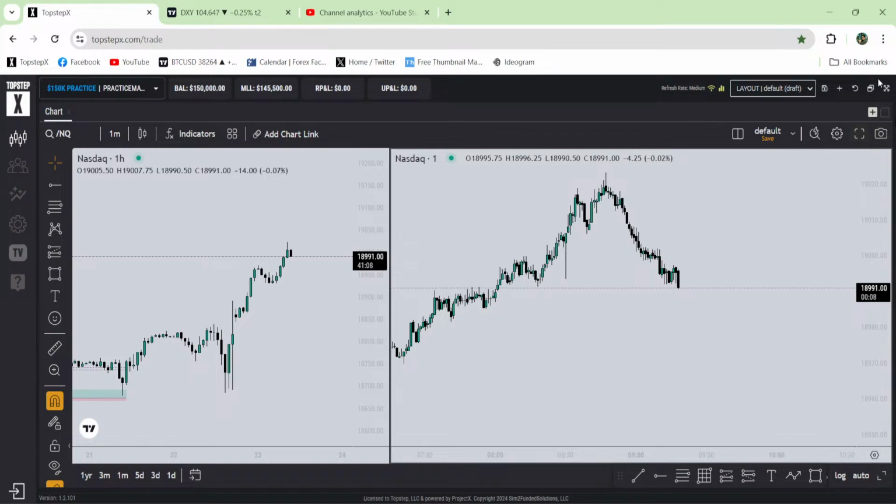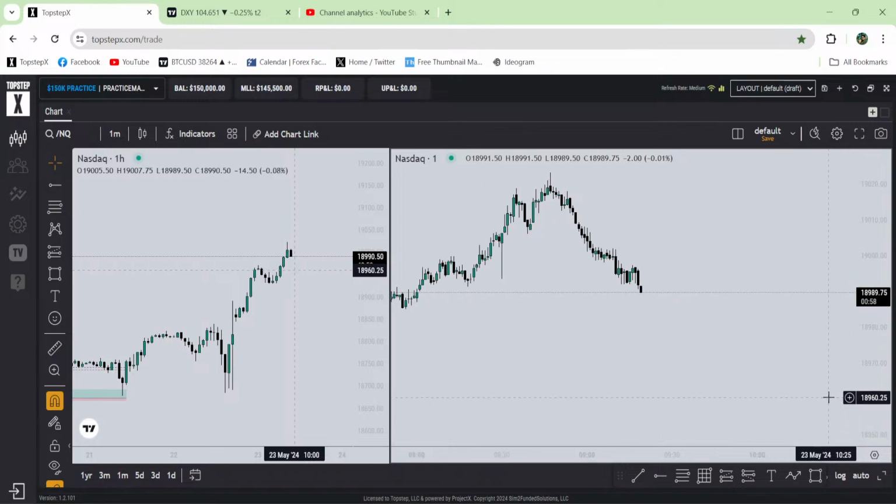By the way, does any of you know how to see the electronic trading hour and the regular trading hour in TopStep? If anyone knows that, please let me know. I'd love to stay over here in this chart.